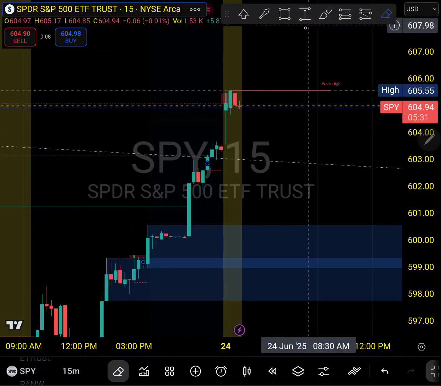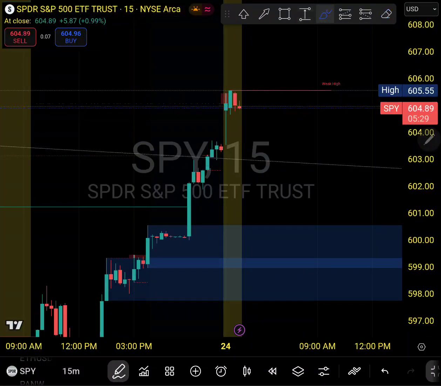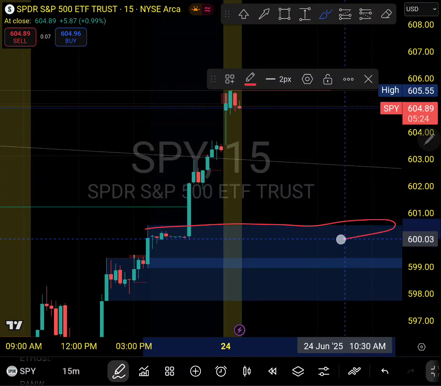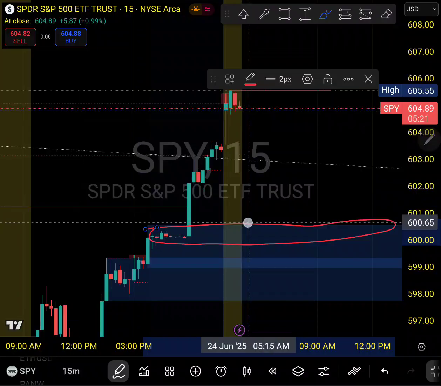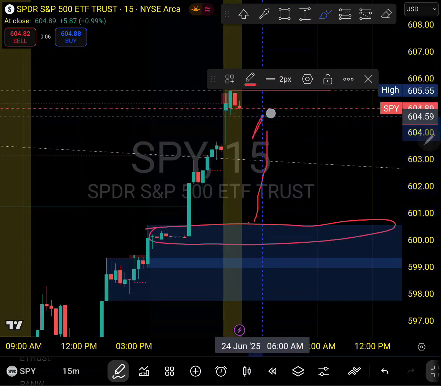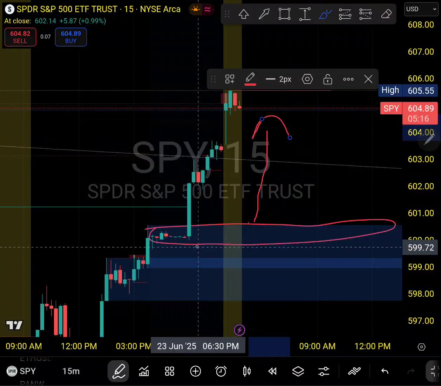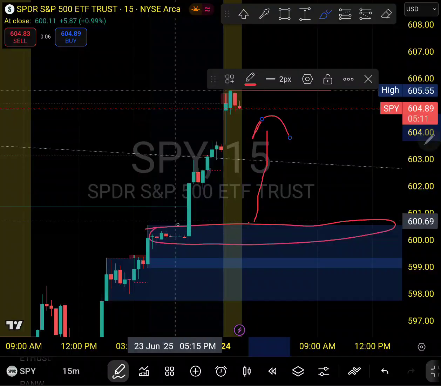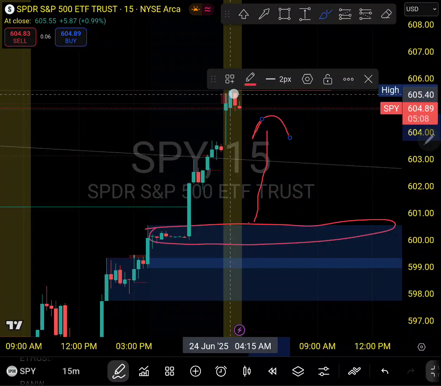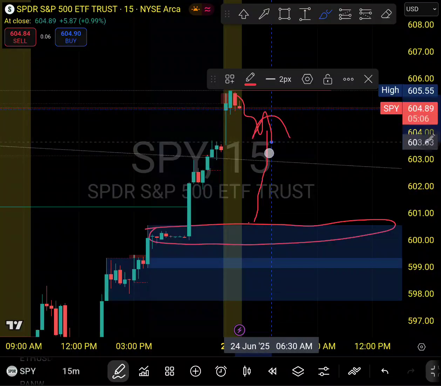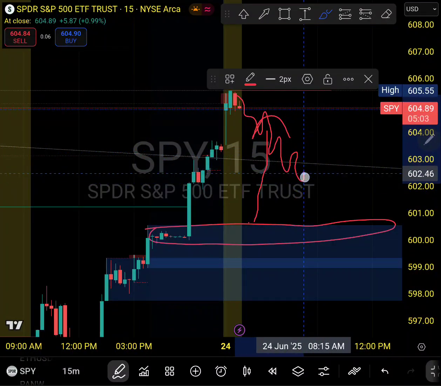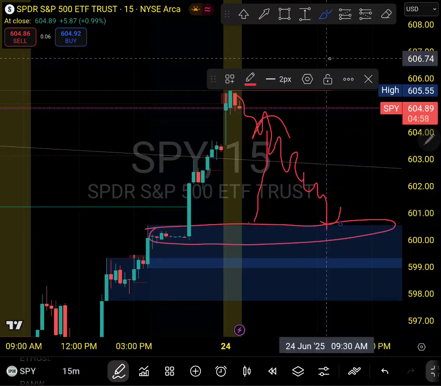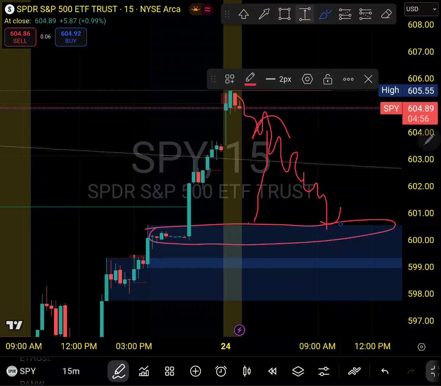I would suggest letting the market retrace back to this 600 level in this zone, and then look for the long opportunity, because 600 was something the market was trying to break for a long time. So what I'm thinking is the market will come down like this.